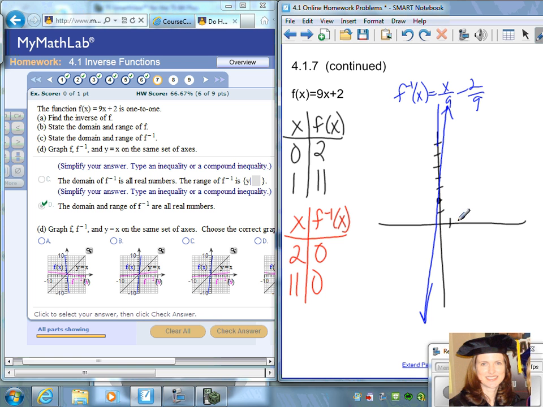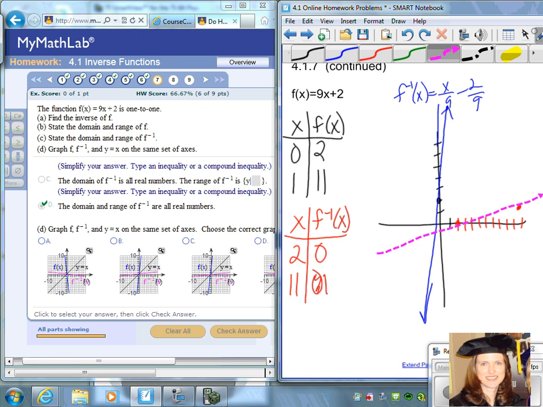And you can plot those 2 points. Alright, so I'm going to connect those with this line to denote the inverse. So this is your function f, and this is the f inverse.